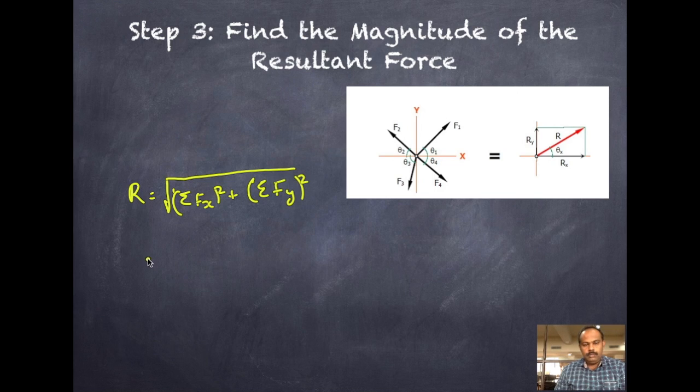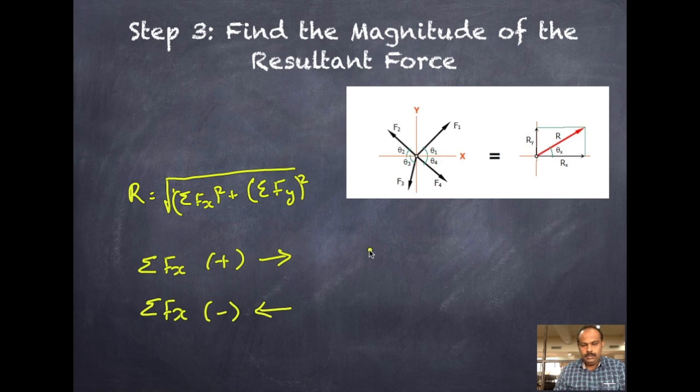If we have to draw and show, we need to find the direction also. Suppose sigma Fx is positive, we should draw the resultant towards the right. If sigma Fx is negative, we need to draw towards the left.